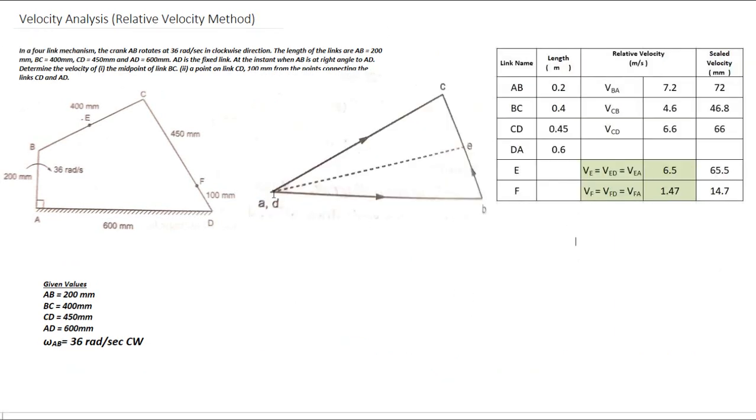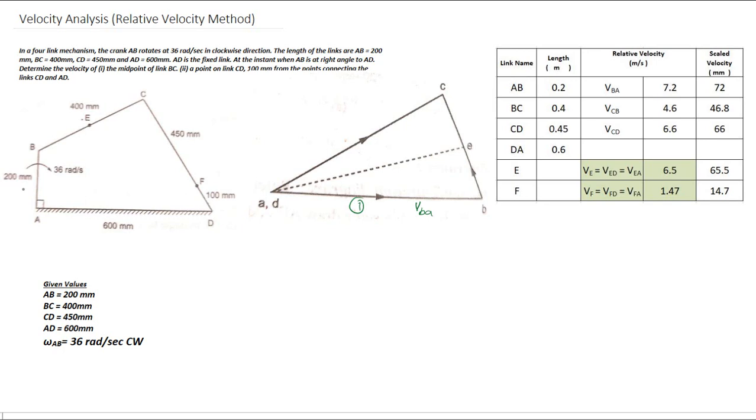This is what the velocity diagram will look like. I'm just marking the procedure once again. This is the velocity vector VBA. This is the first vector we are drawing, which is perpendicular to the link AB.